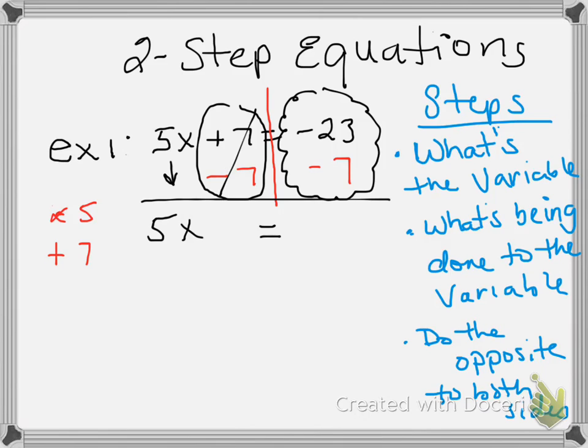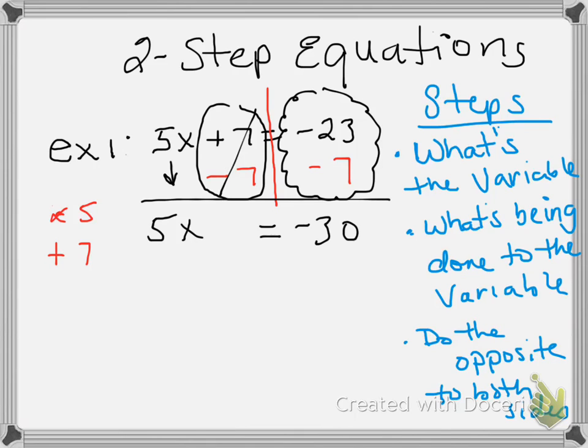You can put that in your calculator, and of course it'll give you the answer, but make sure you put negative 23 subtract 7. If you were to do this, two negatives means you're going to add the numbers. So you say 23 plus 7, that's 30. And because they're both negative, you're going to have a negative sign.